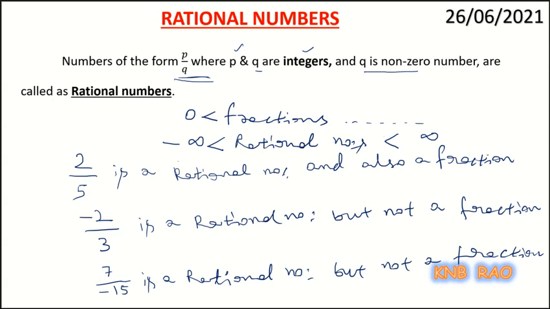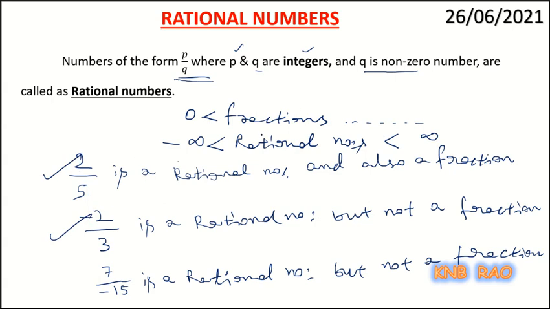I mean, it can be any number between minus infinity to plus infinity. That means rational numbers can be positive, can be negative, or they can be wholes. Yes, they can be wholes also.